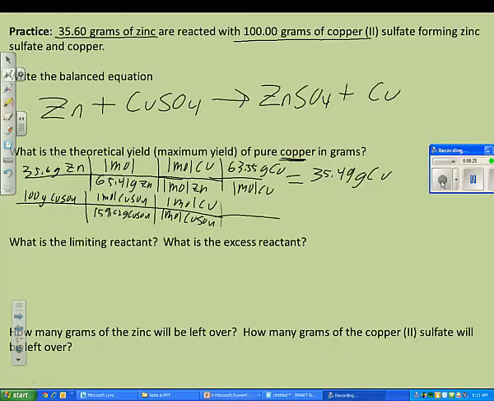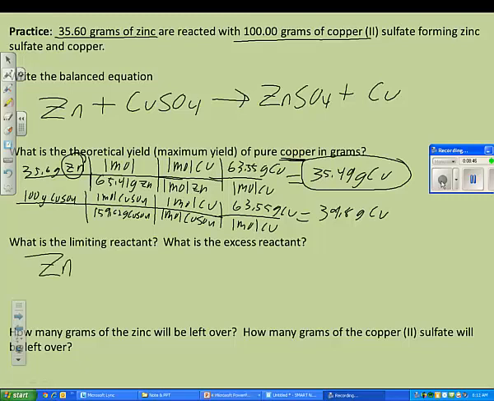Then convert to mass. And that gives us 39.8 grams of copper. So what is limiting reactant? Well, our lowest answer is 35.49, and that was made by the reactant zinc. So zinc is limiting, which means the other one is excess. The other one is copper 2 sulfate.